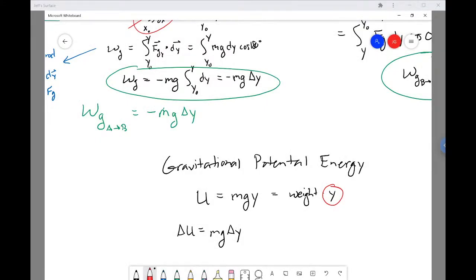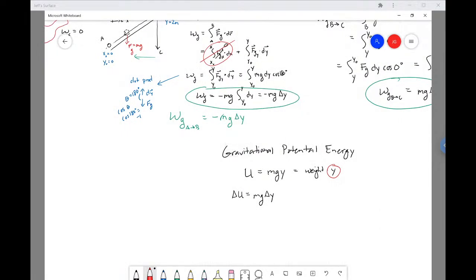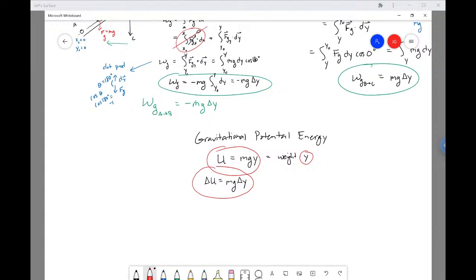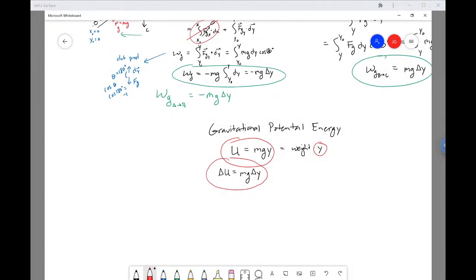So let me put down one more thing before we call it a day. And so this is gravitational potential energy. So U is used to represent potential energy. And this is one kind of potential energy, gravitational potential energy, associated with the gravitational force.